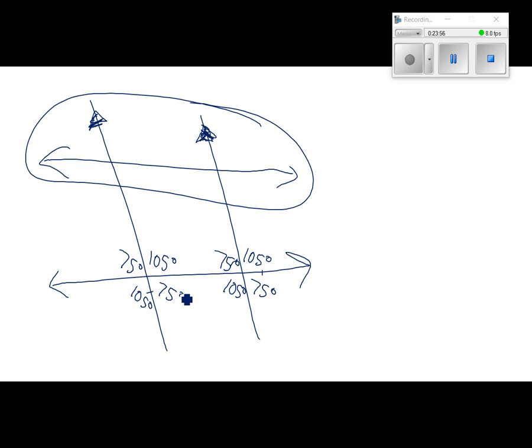Angle 10? 110. 11? 70. 12? 110. 13? 75. 15? 75. 16? 105.